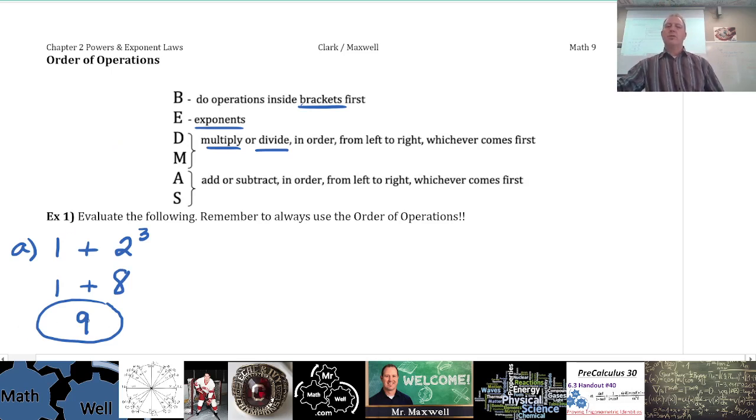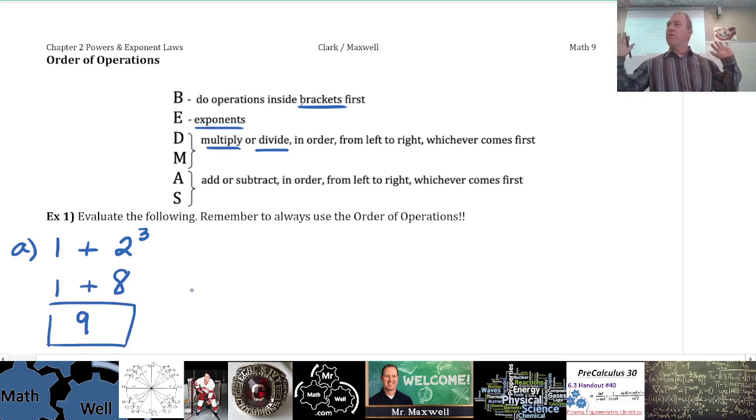Just one circle around the answer, please. No, this doesn't help me at all. I need to know where you stop, where your answer is. So, if you want to use a square or something like that, just clearly identify your answer, okay? Circles usually are the easiest, but I see some students do it differently, and I'm totally fine with that. If you like squares better, that's great, or rectangles, whatever.